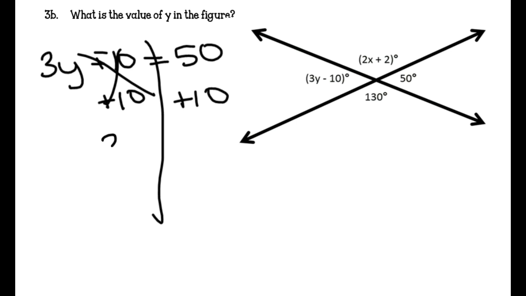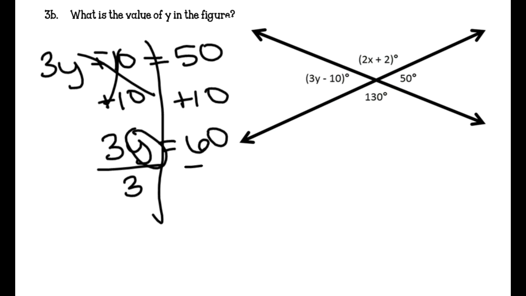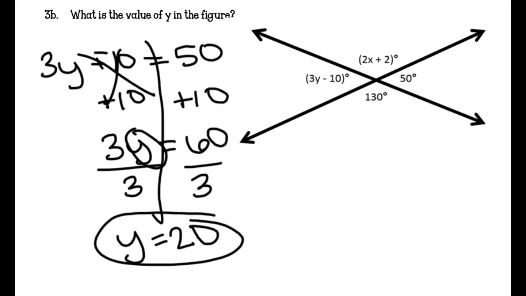So we're left with 3y equals 60. To get y by itself, I divide by 3, and y equals 20. So I circle it, and that's my answer. Again, we knew that they equaled each other because vertical angles that are directly across from each other, formed by two lines, are congruent.